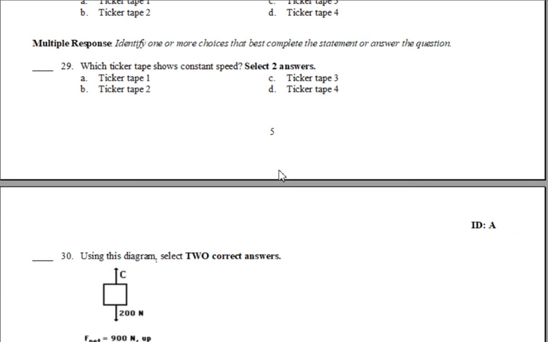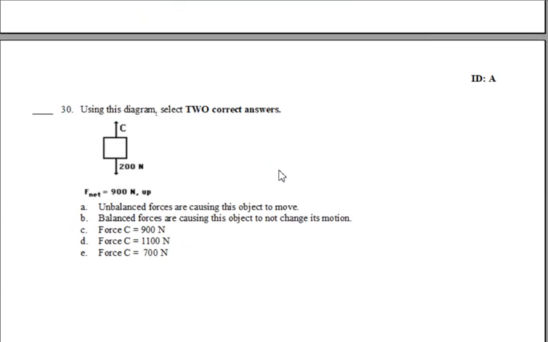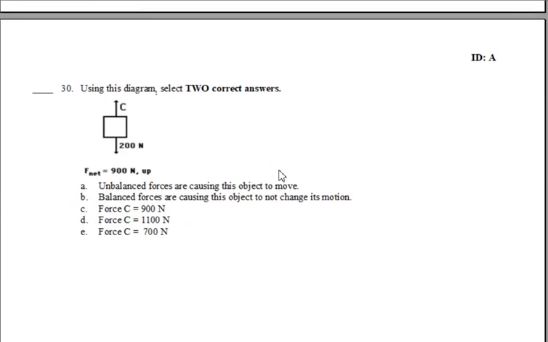And your last question right here is also a multiple response. You have 2 correct answers. Please make sure you mark 2 on your answer sheet. Number 30, using this diagram, select 2 correct answers. So you have a picture of an object. You have a net force of 900 newtons up, and you are to choose the correct answers below.